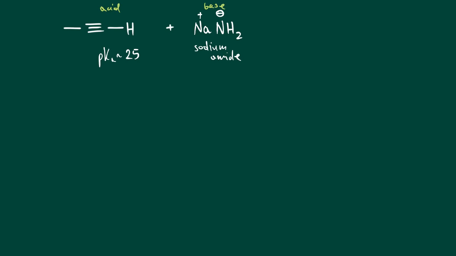We can set up an acid-base equilibrium in which we deprotonate the acid. Now it's a carbon with a lone pair and a negative charge, plus the conjugate of our base, NH3. So that's our conjugate base, conjugate acid.